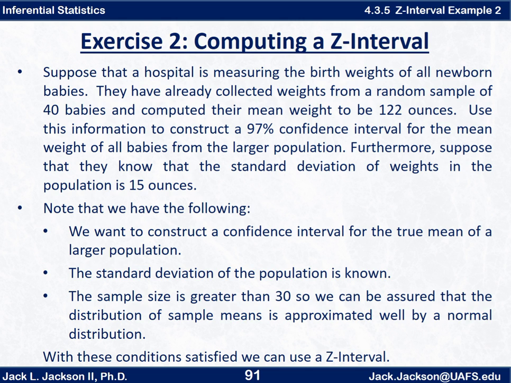And the sample size is greater than 30, so we can be assured that the distribution of sample means is approximated well enough to use these techniques by normal distribution. So with these three conditions satisfied, we see that we can use the z-interval technique that we worked through in the last problem. So hopefully that's what you did, and hopefully you checked these three conditions before you jumped in to proceed.